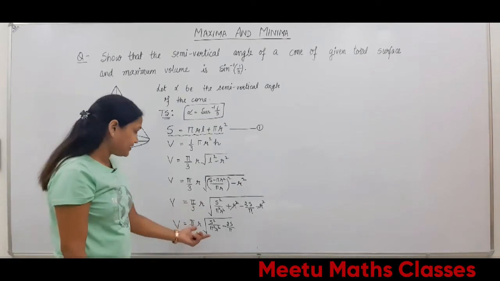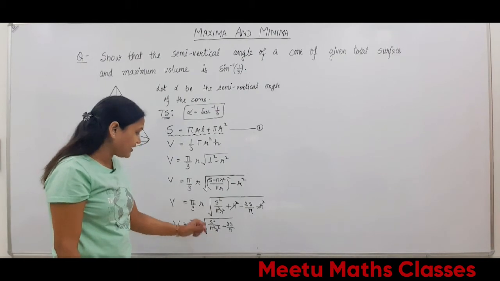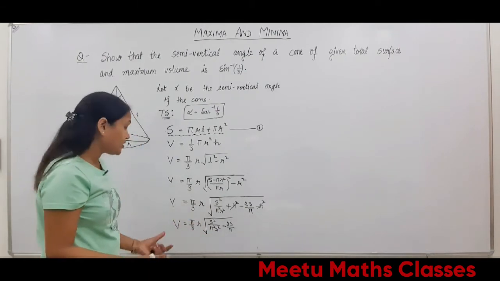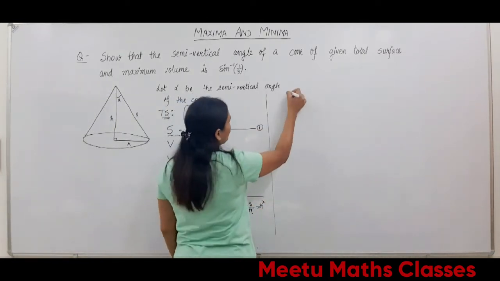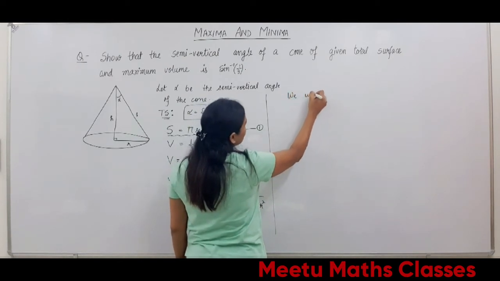Now you can easily see that for maximizing and minimizing a function you have to differentiate it twice, but this function will take time to differentiate twice. And the extreme points will remain the same if the function is squared. So we are going to maximize V square now.